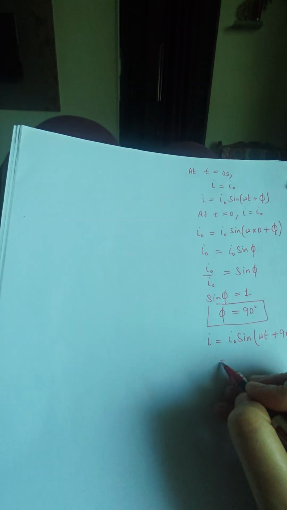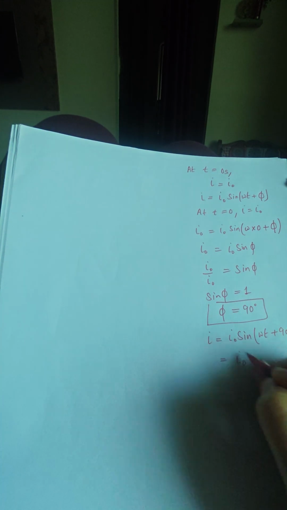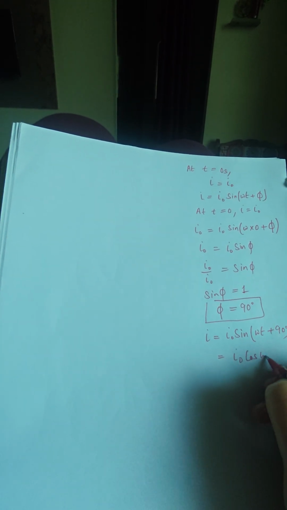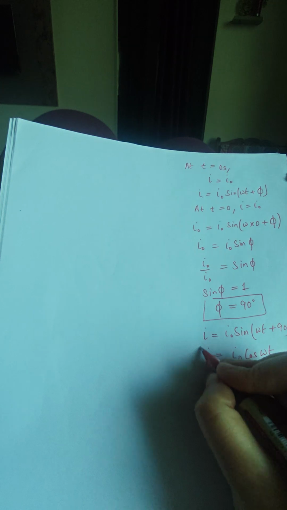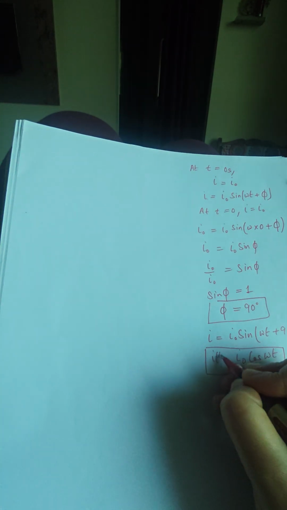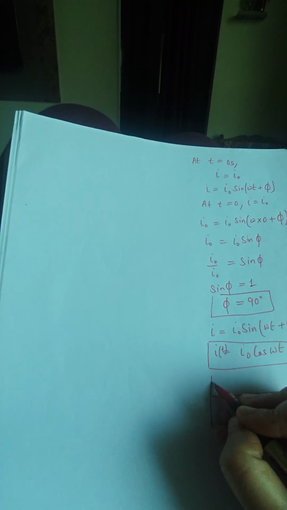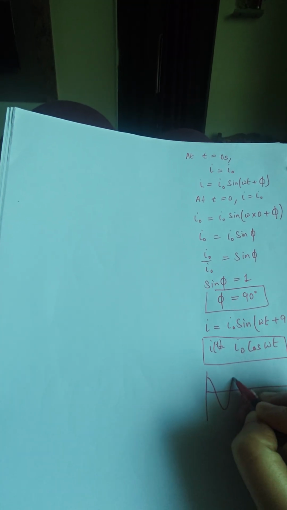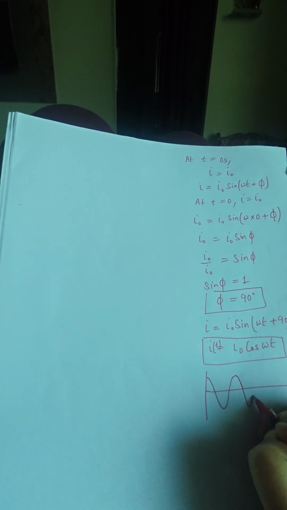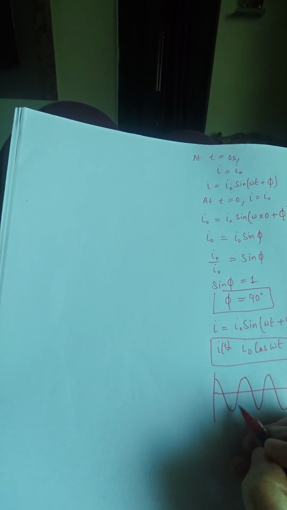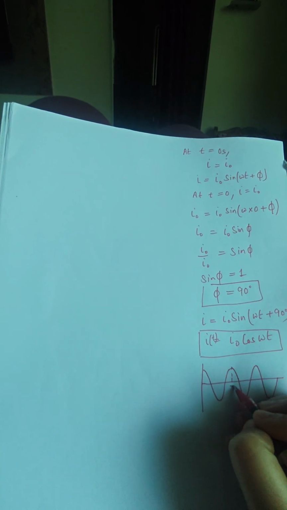So this means that your equation would be I naught sine omega t plus 90 degree. Now if that's the case, how would the equation change? 90 plus theta sine is cos theta. So it would be I naught cos omega t. The equation would be like that, and in that case, if you draw the graph, it would be like this. Okay, so this is how we must know and understand the meaning behind various concepts.